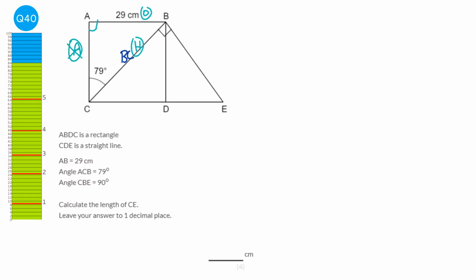We're not using the adjacent, so we're just going to do our SOHCAHTOA, and we've crossed out the A, so we cross out these two. So it's going to be sine. So we know that sine 79 equals the opposite, which is 29, over the BC.